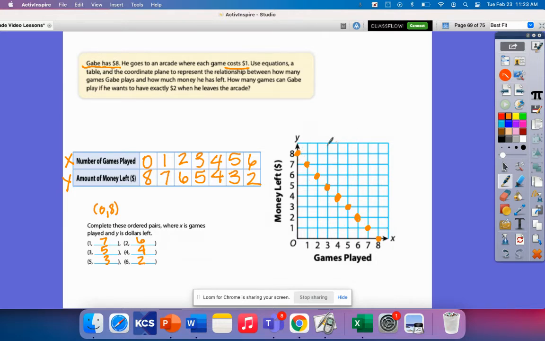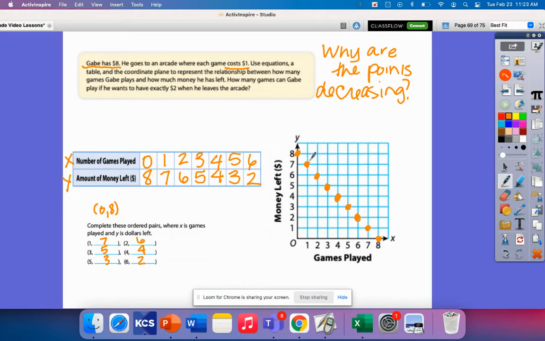So why do you think that these points are decreasing? They're decreasing because he is spending money.